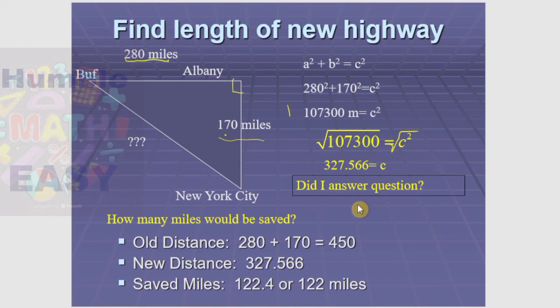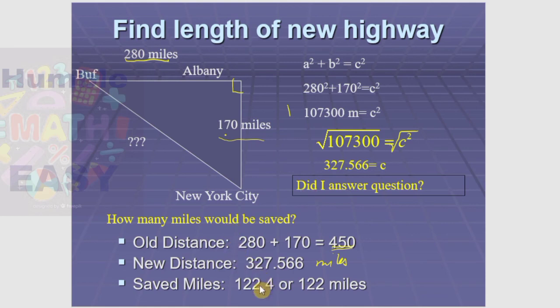Did I answer the question? Not yet, because there is another set of follow-up questions. The old distance is 280 plus 170, which is 450 miles, while the new distance is 327.566 miles if he travels from Buffalo to New York through the straight direction using the hypotenuse side.